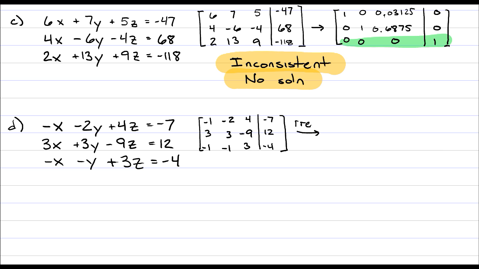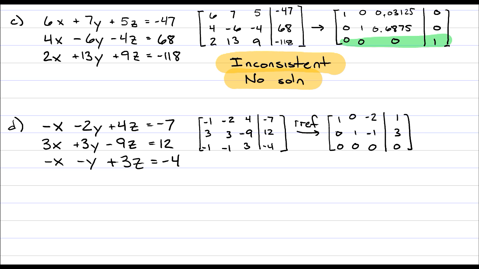Now I use the RREF function in the calculator, and that gives me back 1, 0, 0 as the first column, 0, 1, 0 as the second column, minus 2, minus 1, 0 for the third column, and the last column is 1, 3, 0.